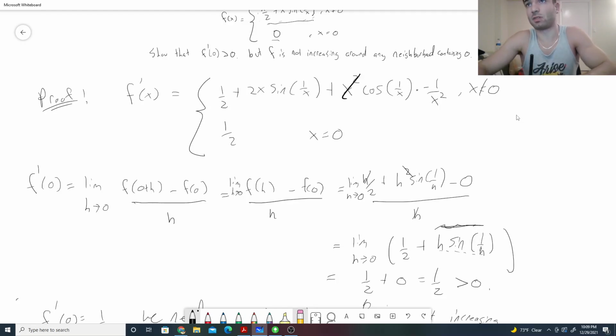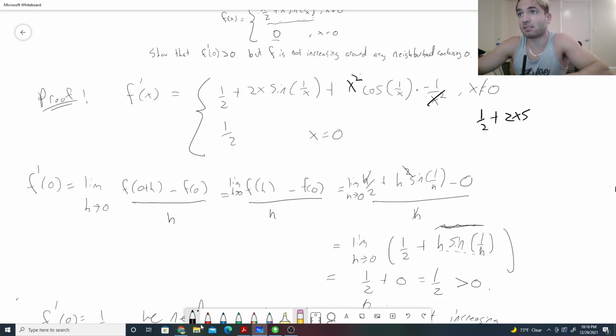This cancels with this, and we get 1/2 plus 2x sine of 1 over x minus cosine of 1 over x. Now, if we can somehow make sine 0 and cosine 1, then this would be 0, and this would be -1, and we'd have 1/2 minus 1, which is -1/2, and we'd be done.